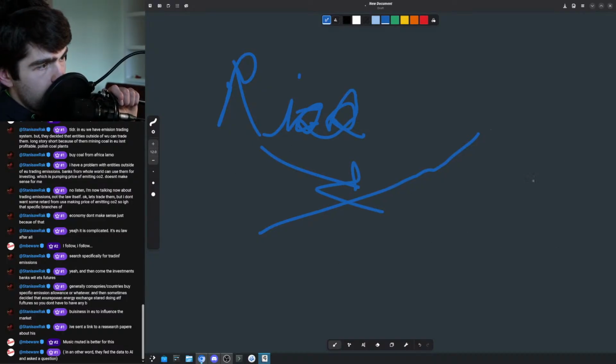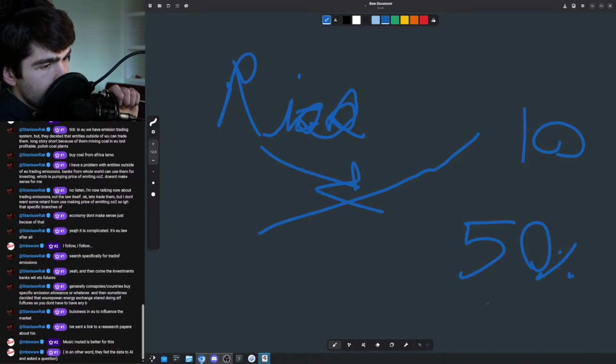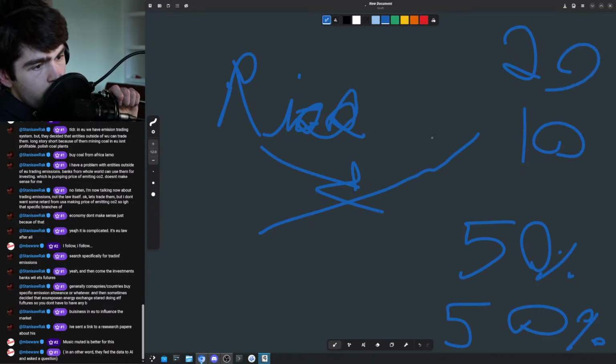So if there's a big risk that the price might go up, but there's a small risk, like if we say 50% chance that the price is $10 and 50% chance that the price is $20, your price should be $15, okay?